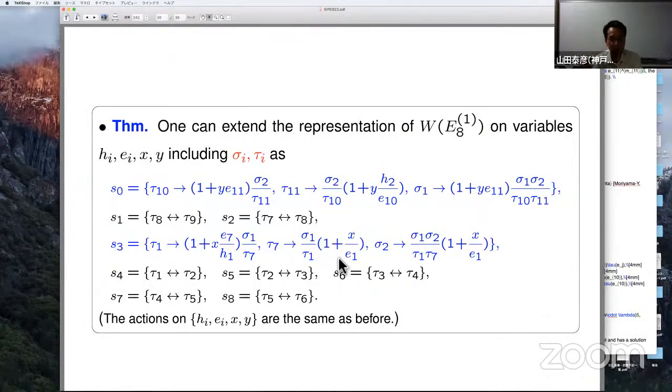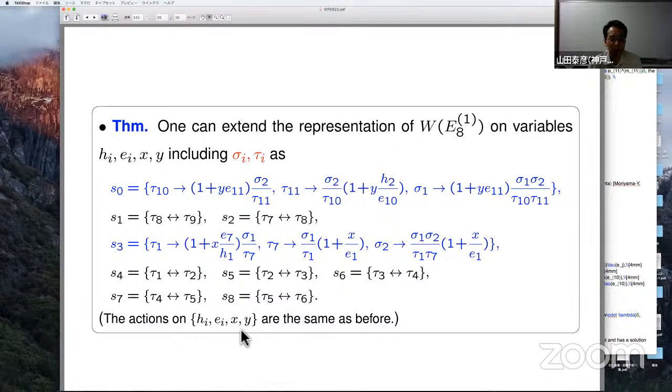So the next theorem is the following. We have the birational representation of the affine Weyl group E8^(1), including the variables sigma and tau. And the action on sigma and tau is given in this way.